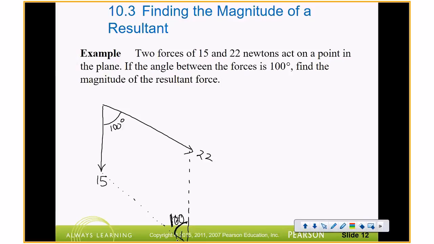Yes, that's a quadrilateral. How many degrees are in a quadrilateral? So 360 minus 200 is what? 160 divided by 2 is what? So that's 80. That's it.